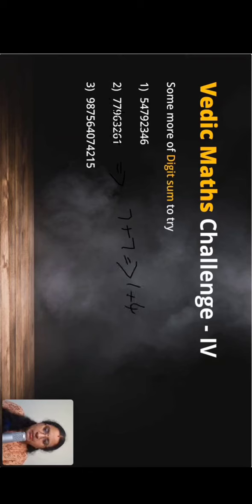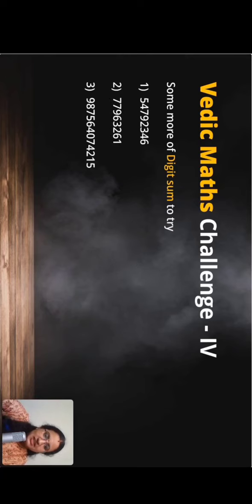Again, you add 1 plus 4, which ends up with 5. Gayatri and a few who said 14, it's 1 plus 4 again, because digit sum is always a number between 1 to 9. Perfect answers on the chat box. 5. That's lovely. I see people who have started answering the last one also.